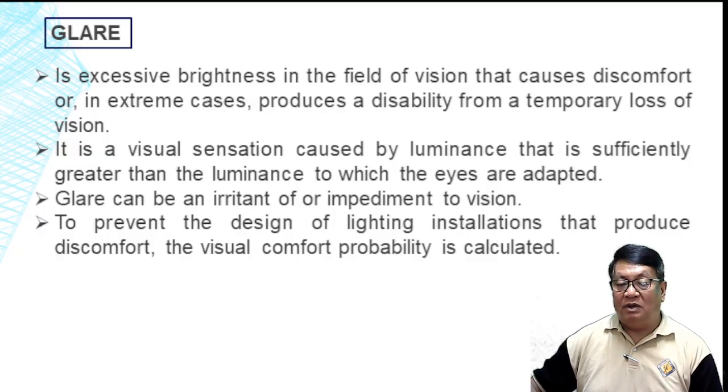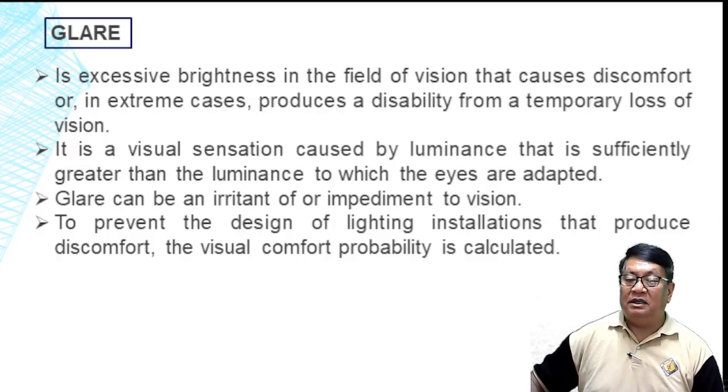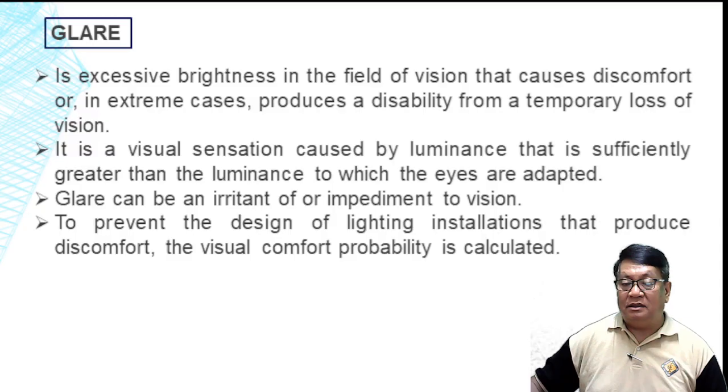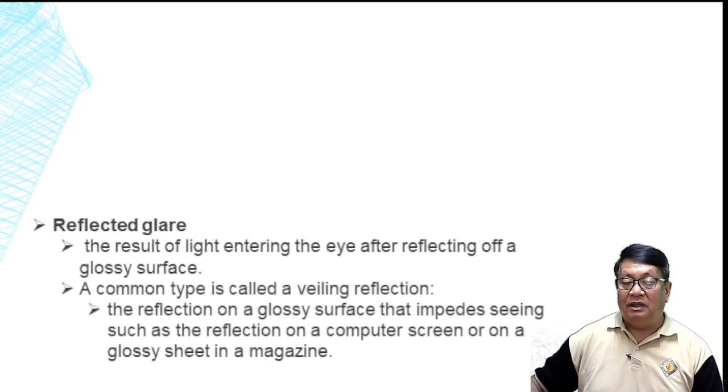It is a visual sensation caused by luminance that is sufficiently greater than the luminance to which the eyes are adapted. Glare can be an irritant or an impediment to vision. So to prevent this, in the design of lighting installations that produce discomfort, the visual comfort probability is calculated.